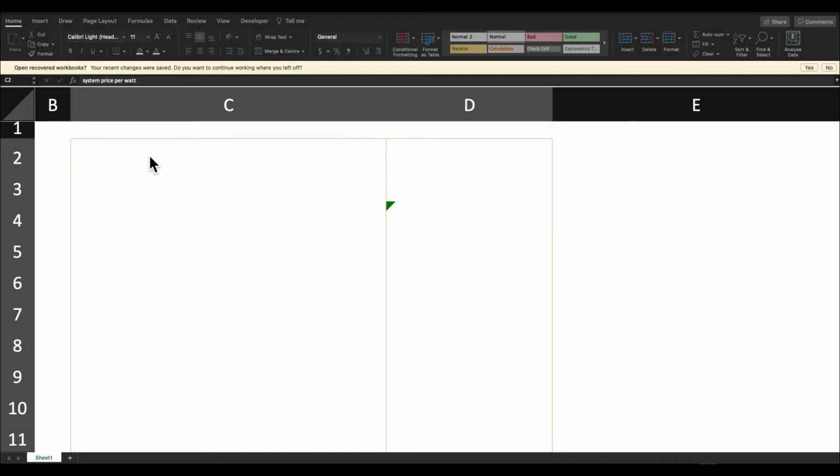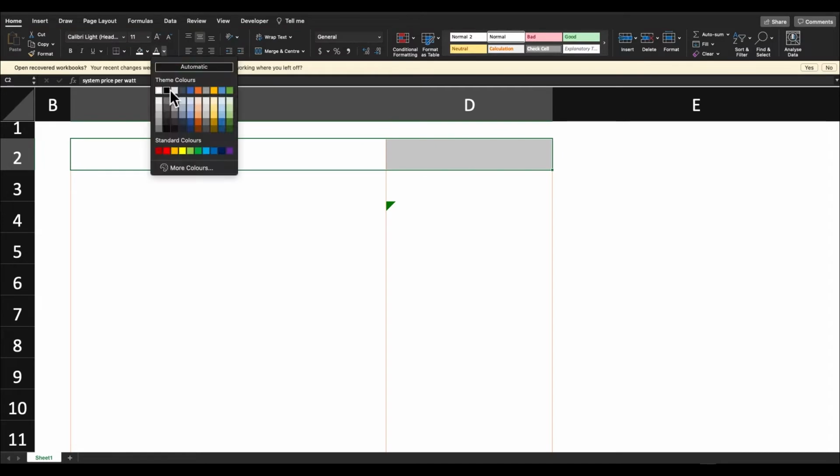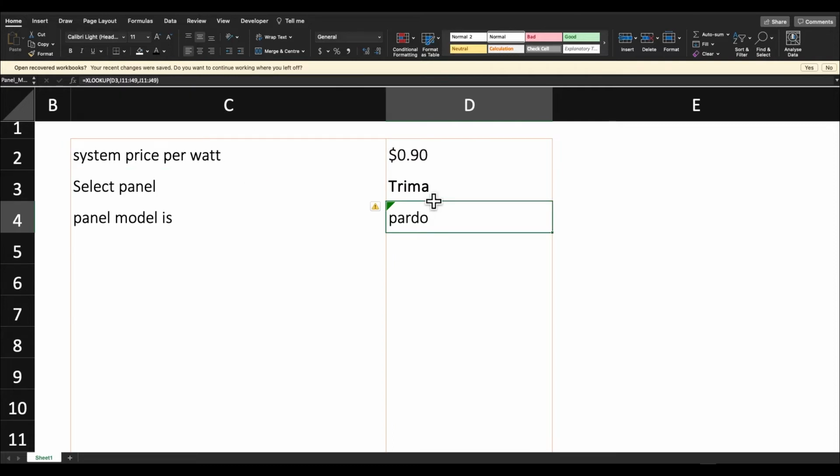So in this case, we're going to look at the system price per watt, and I will just highlight here. And you can see the system price per watt, in this case we've put in 90 cents. So the panel selected is a Trima and the panel model is a Pardo, and that occurs because we've got an XLOOKUP calculation here.